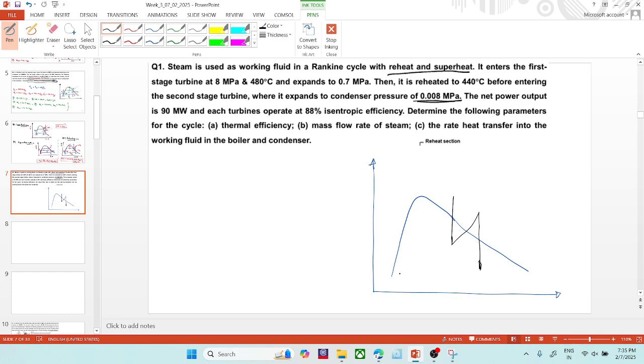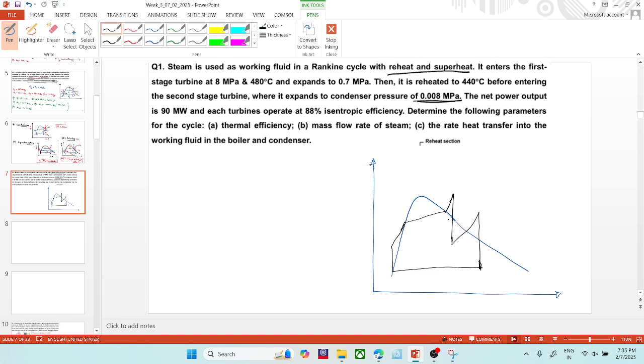This is the isentropic line, and then it is condensed, then the pressure is increased, then it will be something like this only.